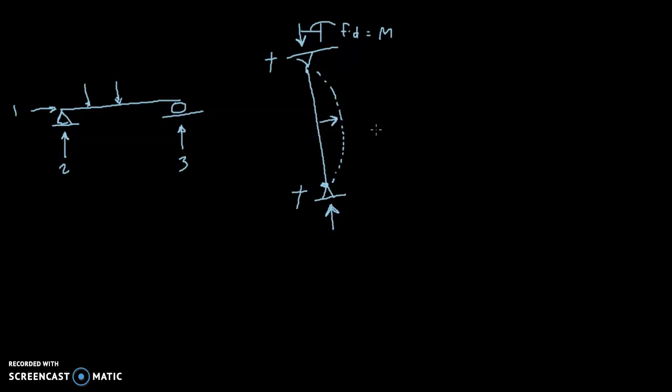So basically, when we do column analysis, we need to try to figure out what the stress is going to be that is going to cause buckling to occur. So what is the critical buckling stress? And the first engineer or scientist to figure this out is Leonhard Euler.